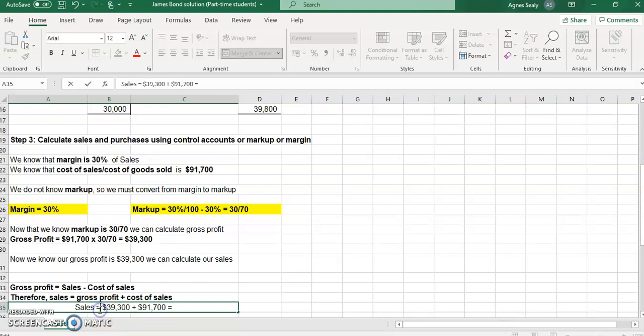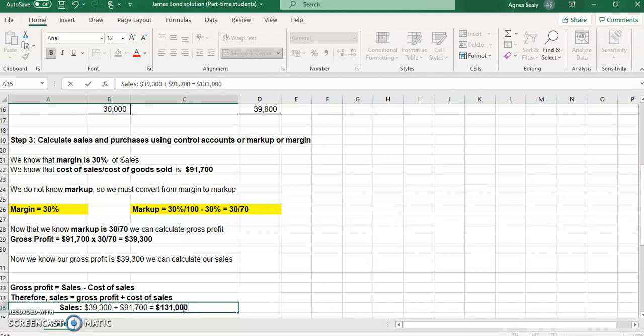So $39,300 plus $91,700 gives me $131,000. So my sales are $131,000.